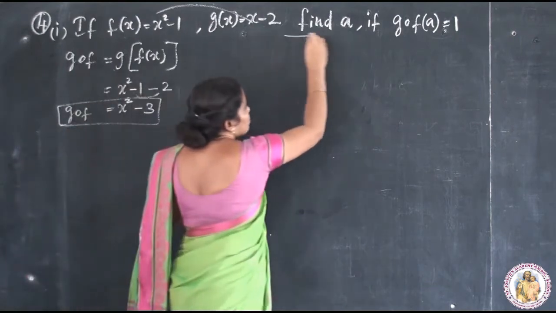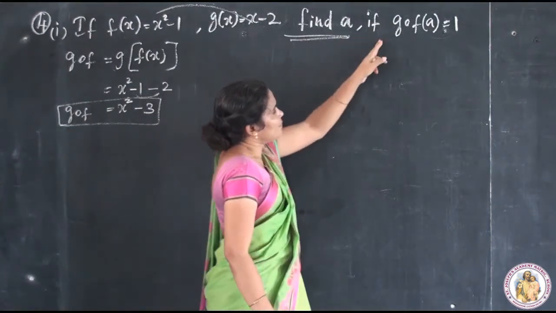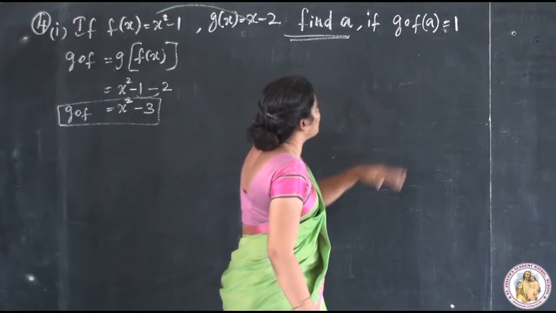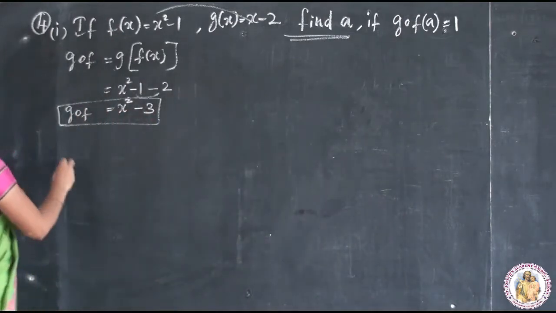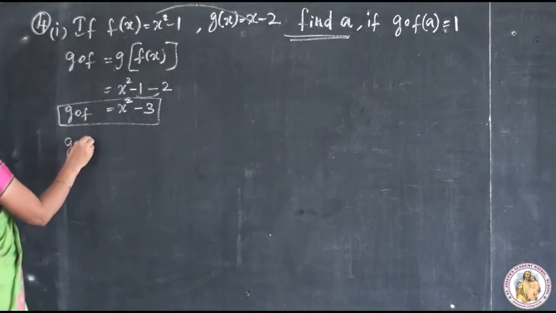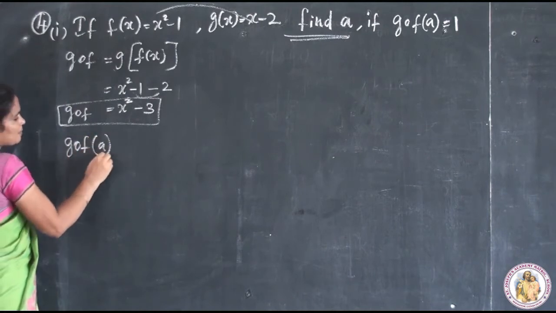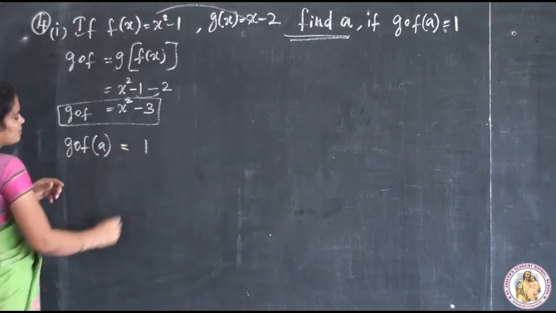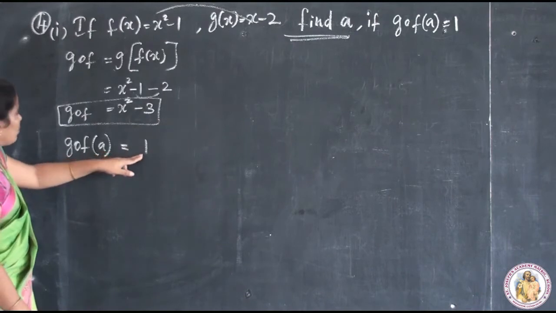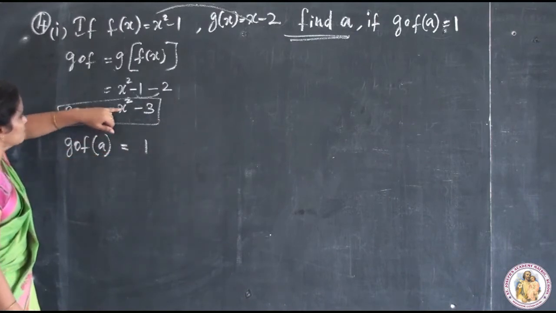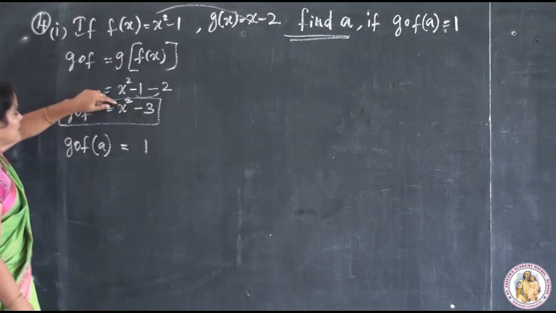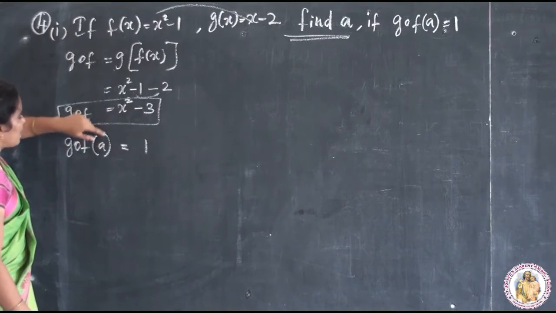Here we are asked to find a, if g of f of a is equal to 1. g of f is x square minus 3. In the place of x, you have to write a.